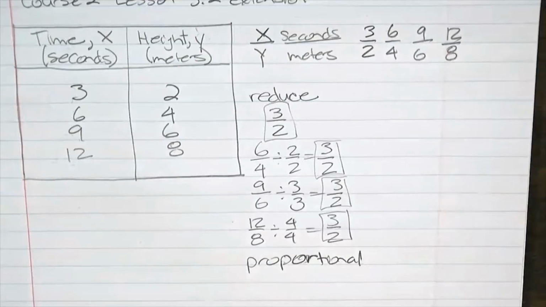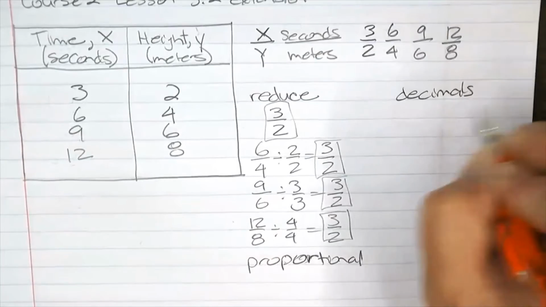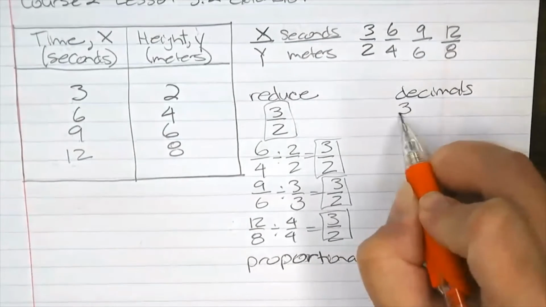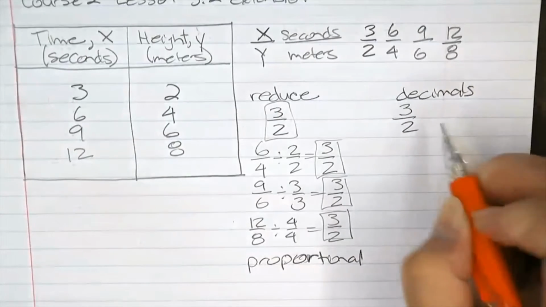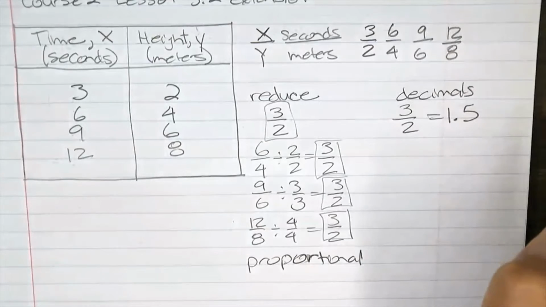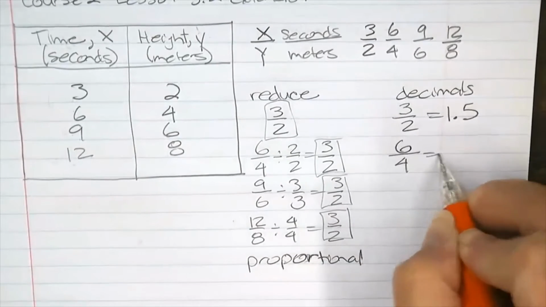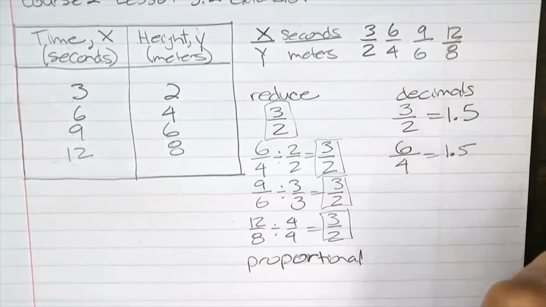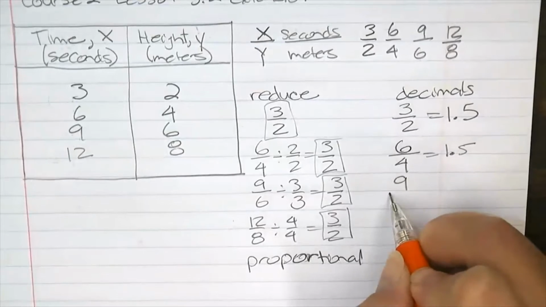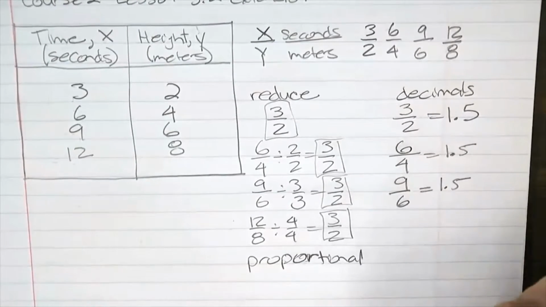We also learned we can turn the fractions into decimals. So 3 divided by 2 is 1.5. You can use a calculator for this. 6 divided by 4 is 1.5. 9 divided by 6 is 1.5.